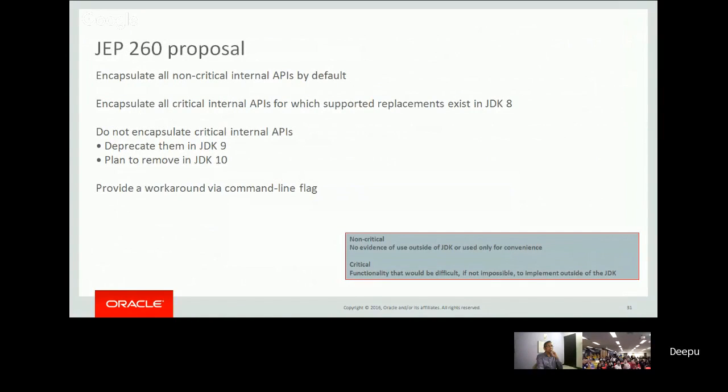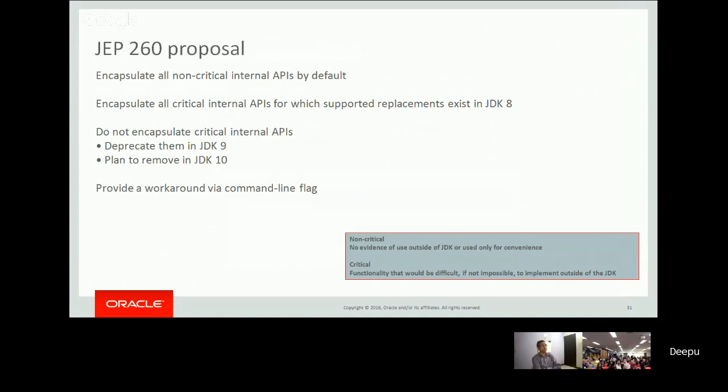Again, there are two cases in this. There are non-critical APIs where we see that there is no evidence of usage outside the JDK. Those we are encapsulating without doubt. There is another set of internal APIs where it is difficult to encapsulate completely because there will be people who are using them. For most of these, we have already given a replacement in Java 8.